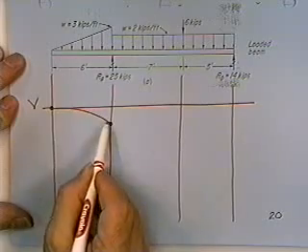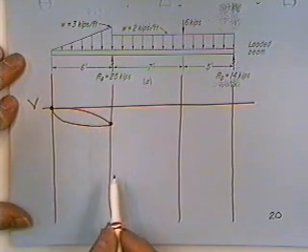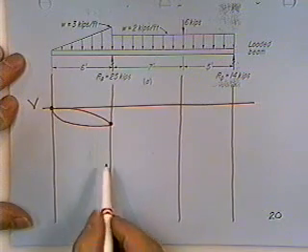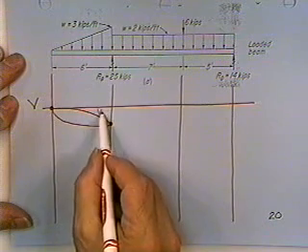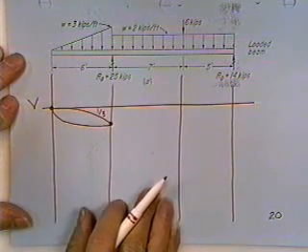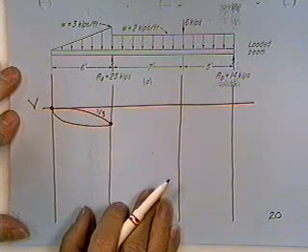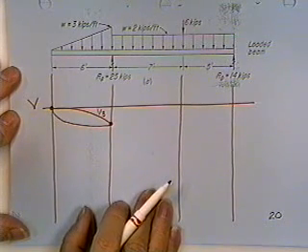Could be this one. Could be this one. It's going to be really important I tell which. Because if it's this top parabola, I'll be using 1/3 base times height for the area. And that comes from the first night's notes, area under parabolas, areas under cubics, and where their centroids are.